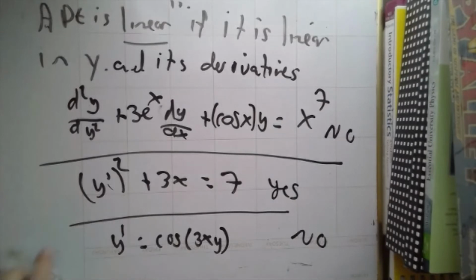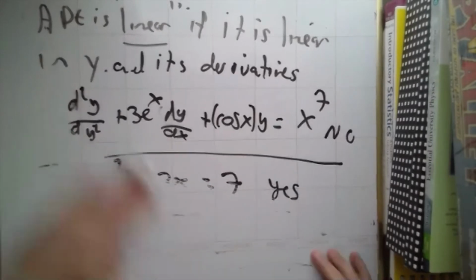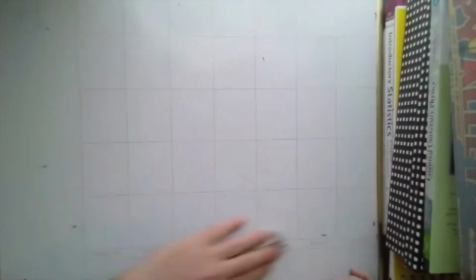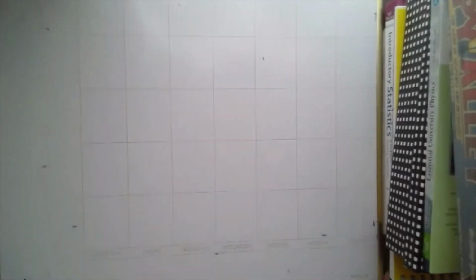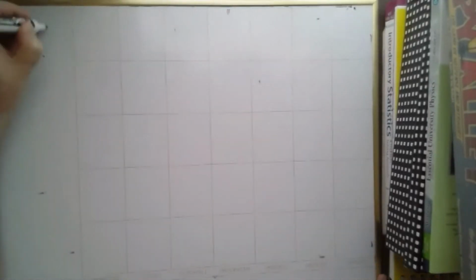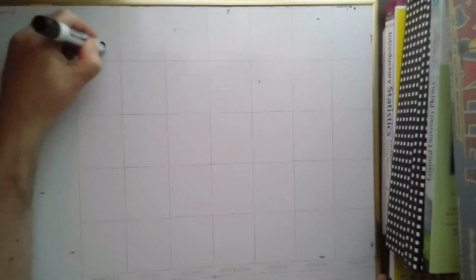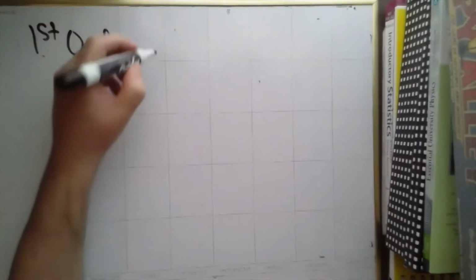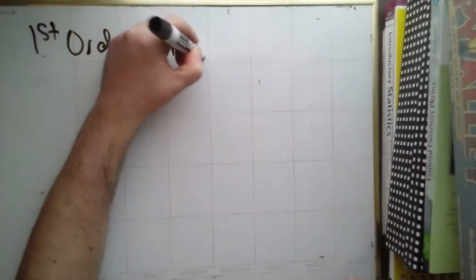Okay, we're going to learn how to solve not every, but quite a few first order linear DEs today. First order meaning we only have the first derivative, no second or third derivatives.